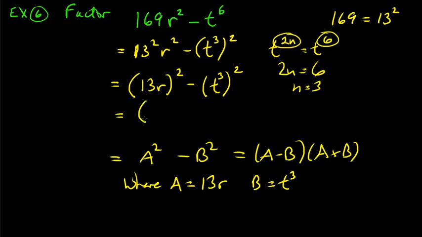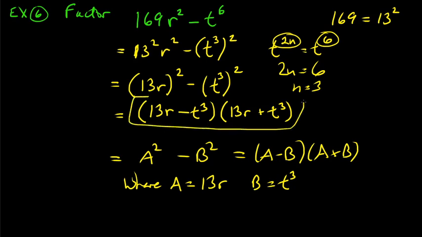Okay, so we can factor this as a minus b times a plus b, or in this case 13r minus t cubed times 13r plus t cubed. And don't forget to check, right? If you multiply it out by using FOIL, you should get the original binomial. All right, try another one.